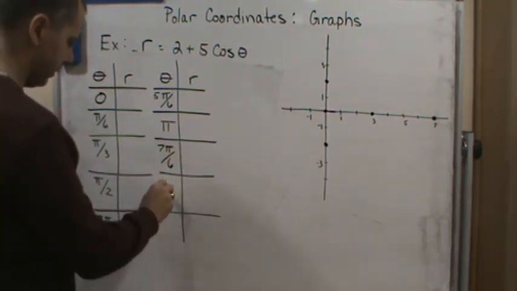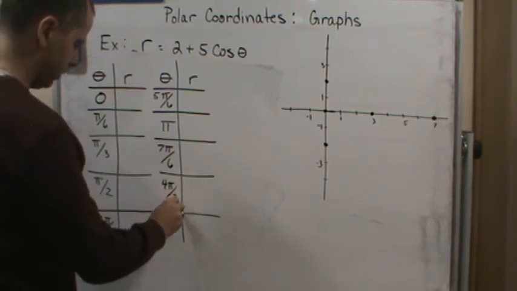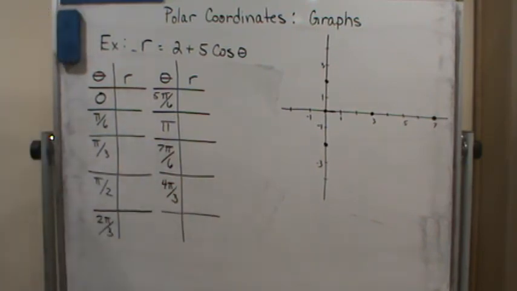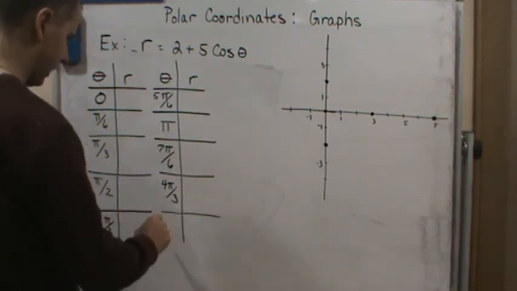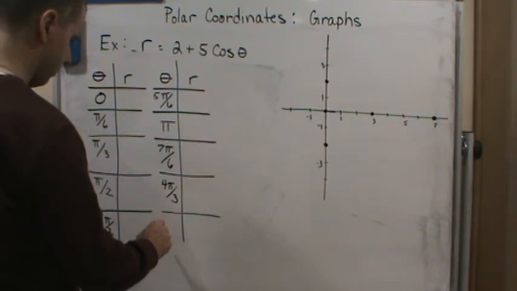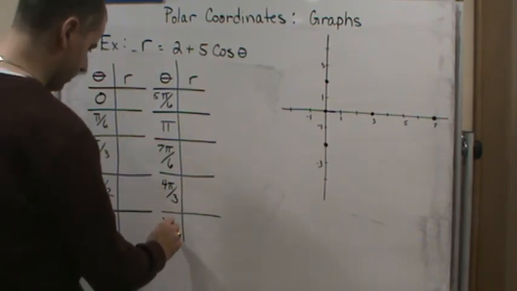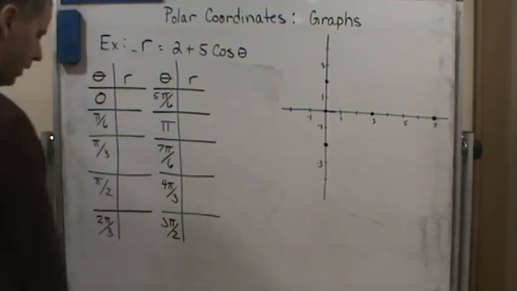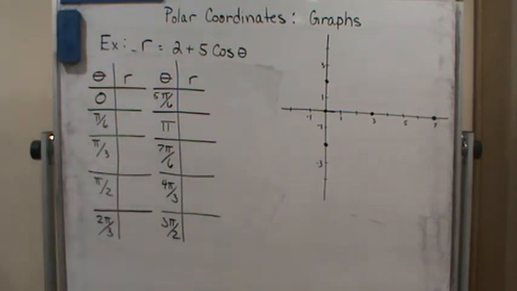And then we got 4 pi over 3. And then we got 3 pi over 2. Okay, so let me see if I didn't miss anything. Okay, good.